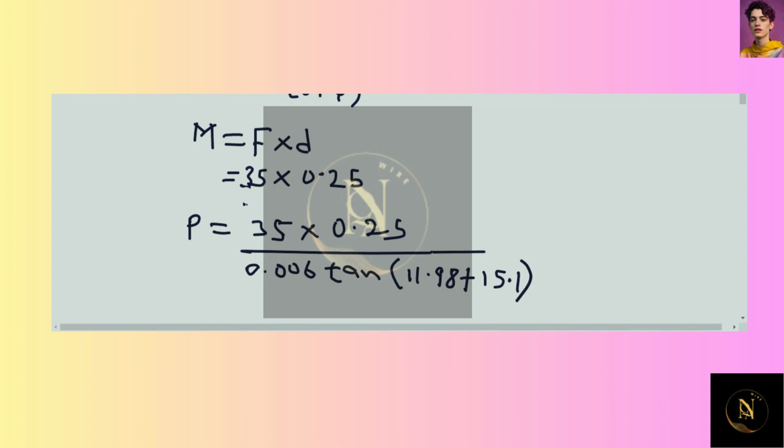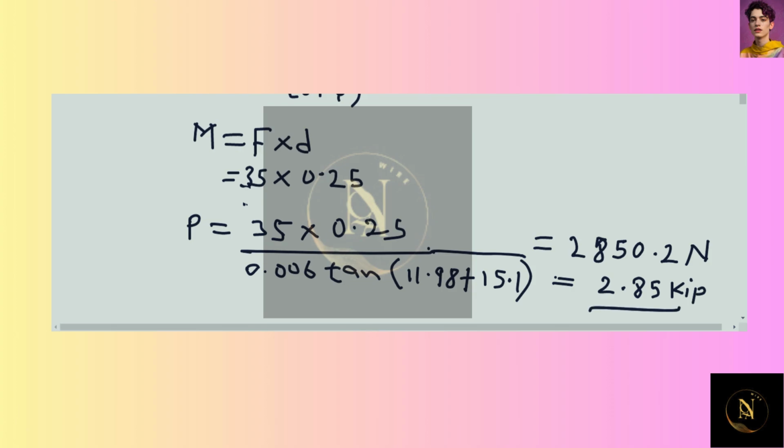Okay, so when you do that, just plug in all the values, and you're going to arrive at 2,850.2 newtons, which is also the same thing as 2.85 kip. So that is the compressive force.